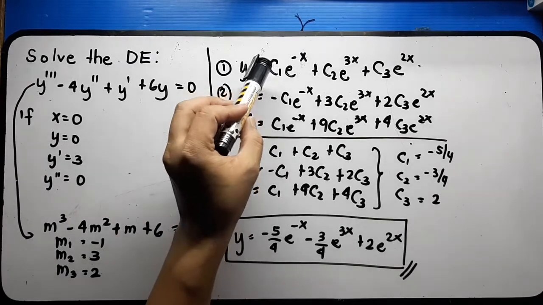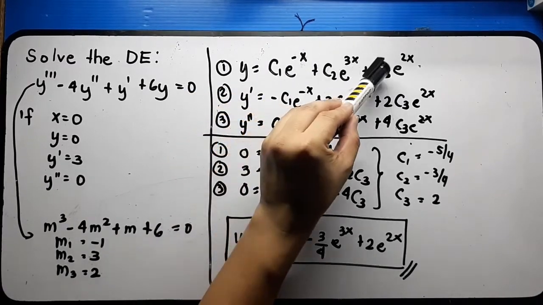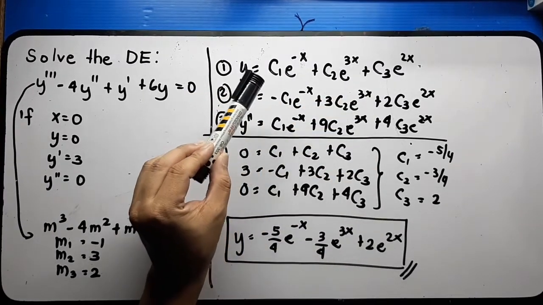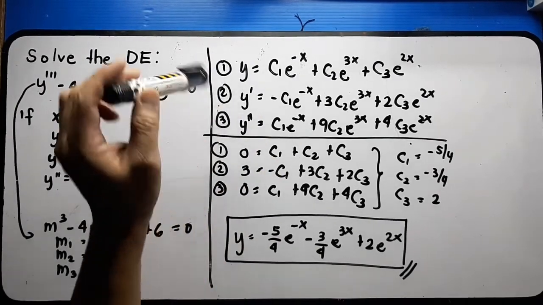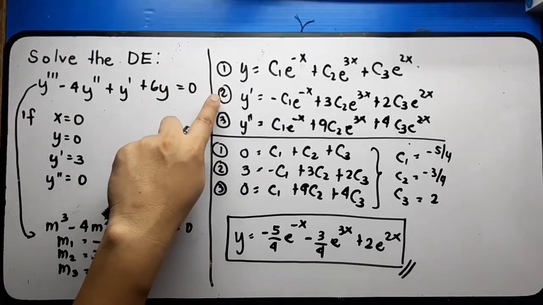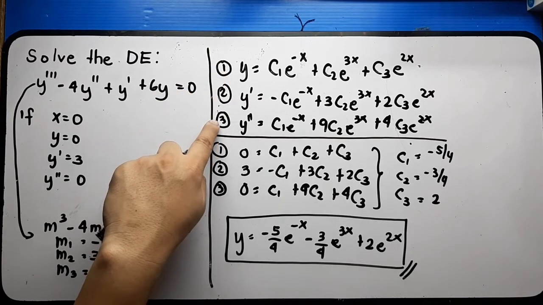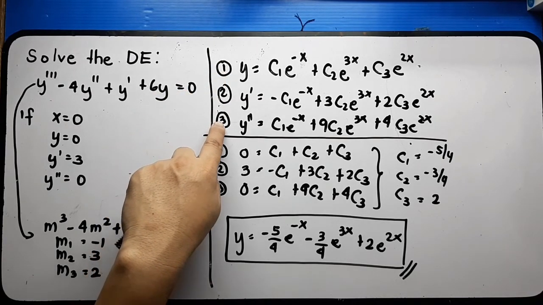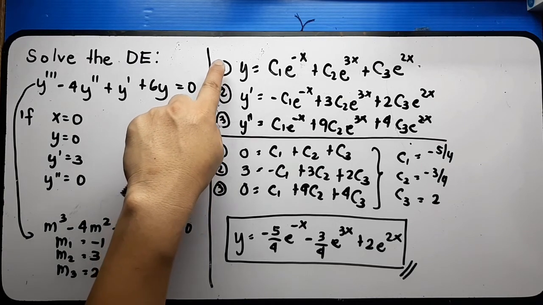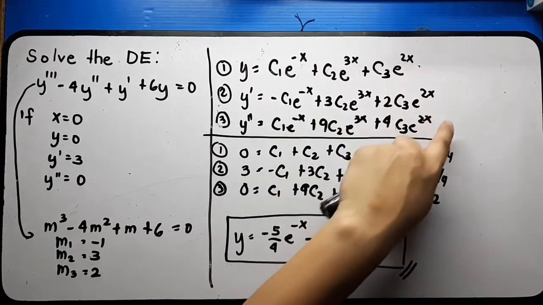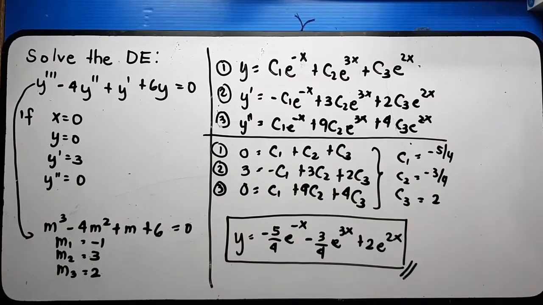So we need to find here the values of c1, c2, and c3. So we need 3 equations. This is our first equation. For the second equation, this is simply the derivative of the first. For the third equation, this is simply the second derivative. So this is our 3 equations.